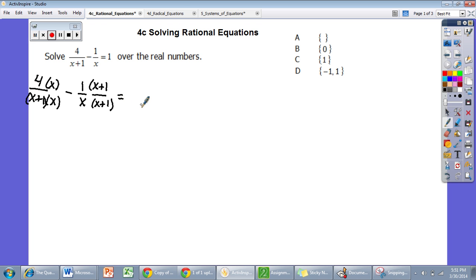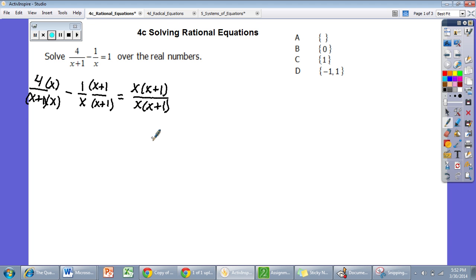And to make things even easier for myself, I'm also going to make this 1 on the other side have the like denominator of x times x plus 1. Now you don't have to do this, but it will make things easier for you in the long run.